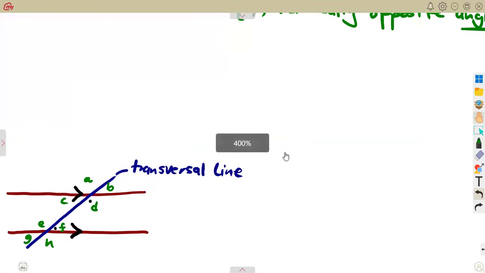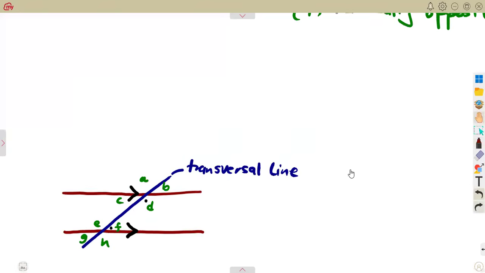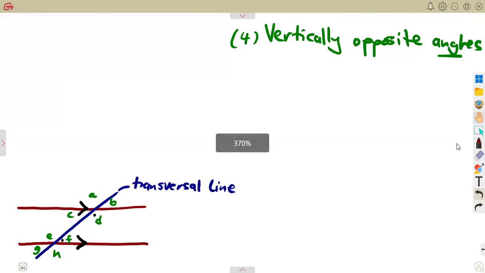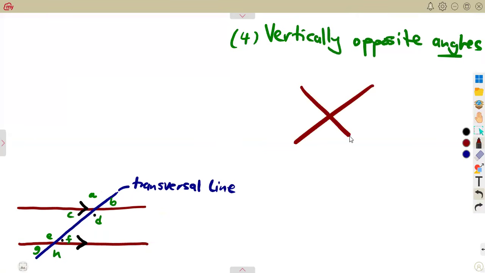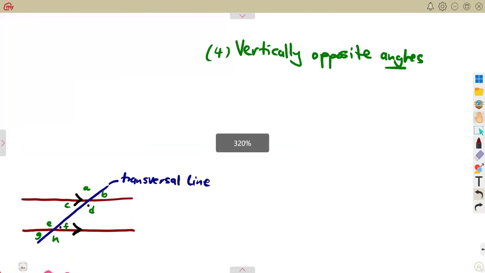Vertically opposite angles are the ones that meet where the two lines cross. When you have got an X like that, you are referring to the vertically opposite angles. Remember, we said previously that vertically opposite angles are equal. These two angles are equal. These two angles, they are also equal.